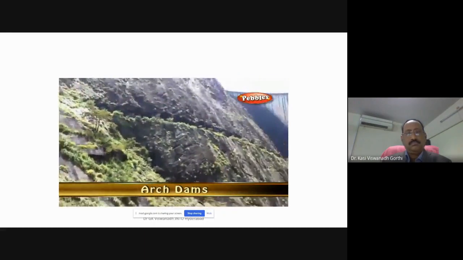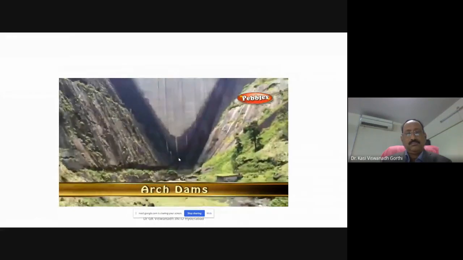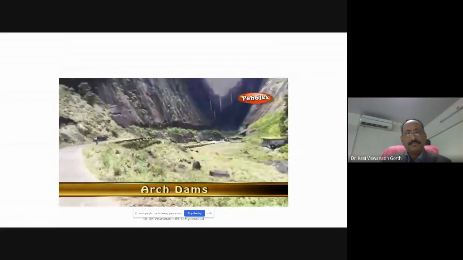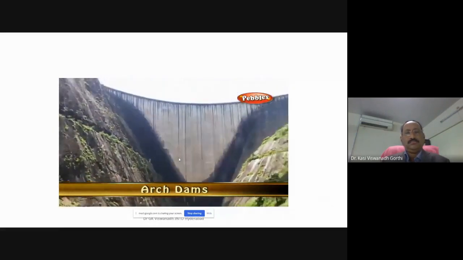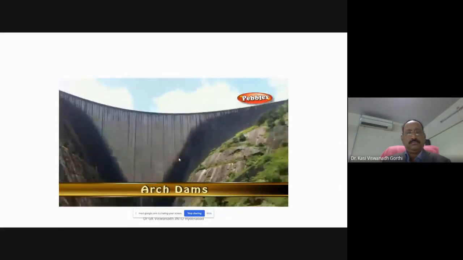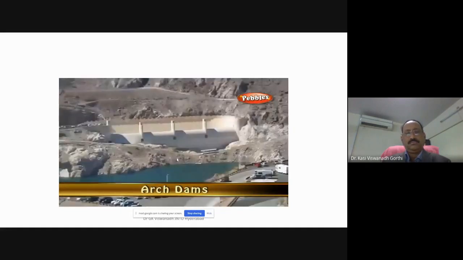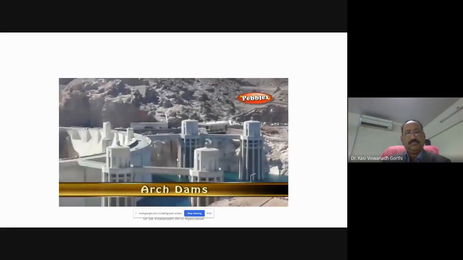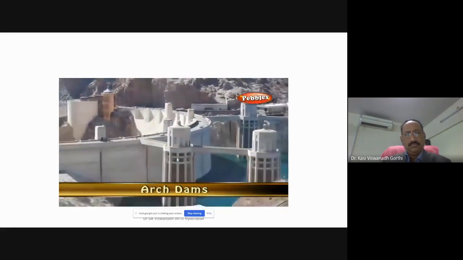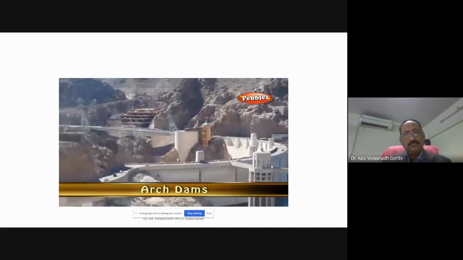An arch dam will be economical only if the length of the dam is less than its height. Therefore, this is preferable for very great heights. According to the method of construction, arch dams are classified into constant radius arch dam, constant angle arch dam, and variable radius and variable angle arch dam.